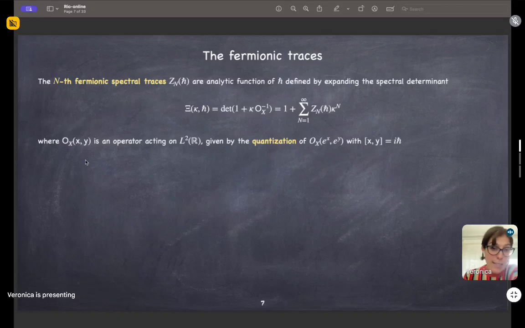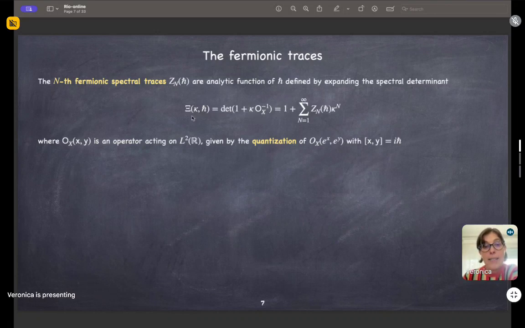But if you consider its inverse, instead it is. And in particular, it means that it has a discrete spectrum. So if you want to describe the spectrum of the inverse of this operator, you can do it through this function that is called the spectral determinant, this Xi, which depends on both kappa and h bar, and it is defined by taking the determinant of this operator.